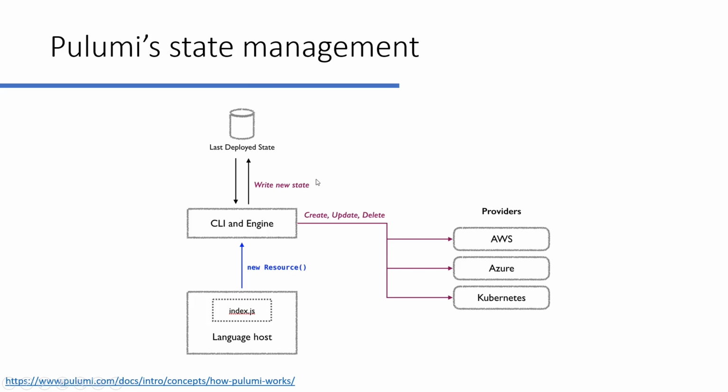I won't go into the details for this session, but there are ways to use something else as a state service. We can use, for example, an Azure blob storage, an S3 bucket, or we can also host the Pulumi portal in our own infrastructure.